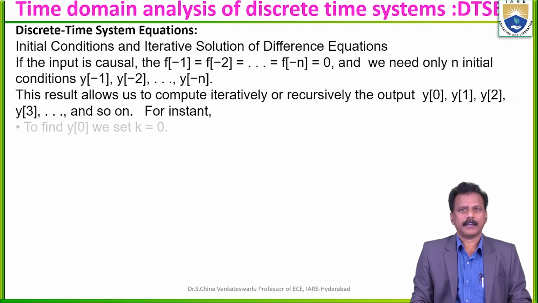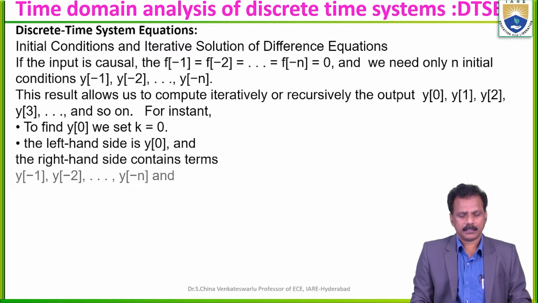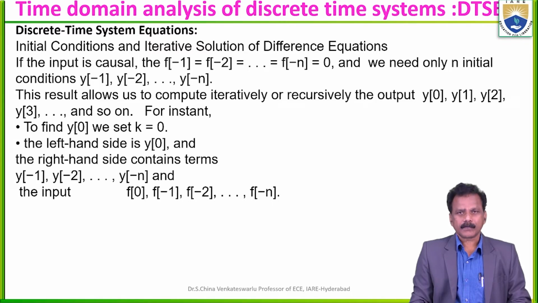For instance, to find y of 0, we set k equal to 0. So the left hand side is y of 0 and the right hand side contains terms y of minus 1, y of minus 2, y of minus 3, y of minus 4 and so on, y of minus n, and the input f of 0, f of minus 1, f of minus 2, f of minus 3, f of minus 4 and so on, f of minus n.